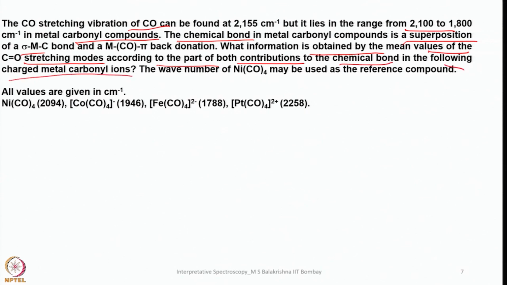That means whether we can separate the sigma donor component and pi acceptor component by comparing data for a series of compounds, keeping the metal constant and changing the number of carbon monoxides, or going for cationic, anionic and neutral species, and also replacing some of the carbon monoxide with sigma donor, pi acceptor, or sigma donor, pi donor type of ligands.